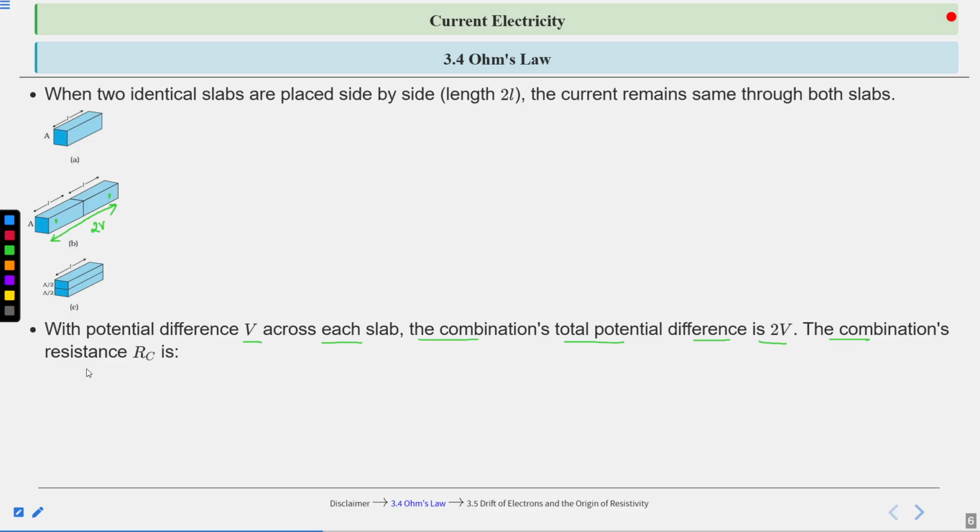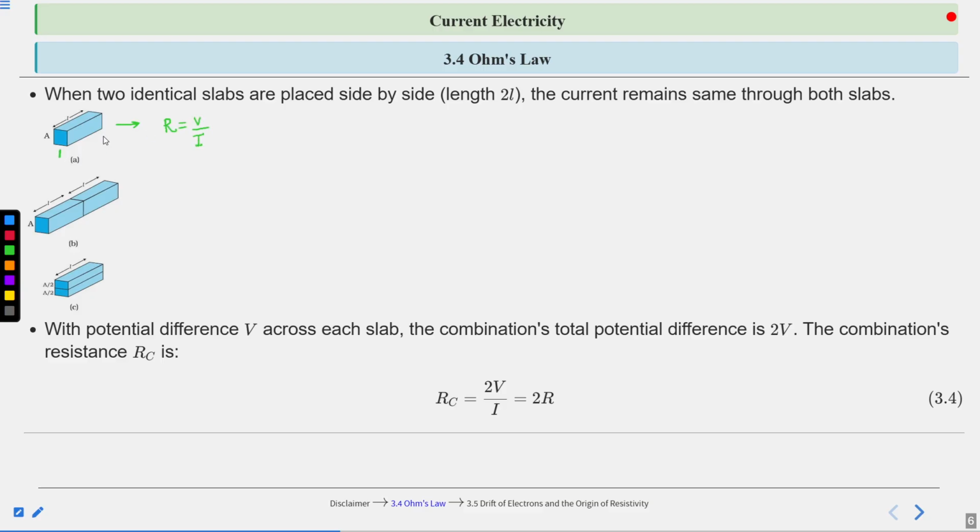Now we are going to find the combination's resistance, RC, the combination of this B diagram. So RC is equal to 2V upon I. Now we know that for this single slab, resistance is V upon I, where V is the potential difference across its ends and I is the current flowing through that slab.